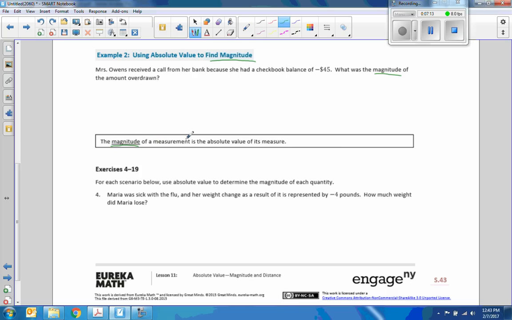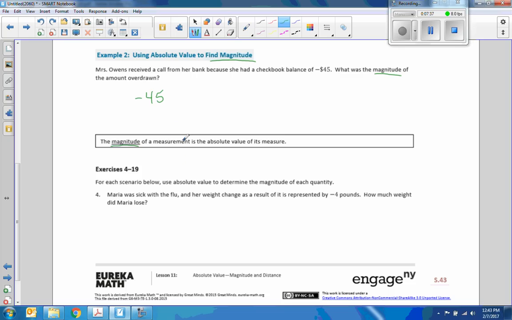Magnitude of a measurement is the absolute value of its measure. Okay, so magnitude is simply another way of saying absolute value. So it says Mrs. Owens received a call from her bank because she had a checkbook balance of negative $45. What was the magnitude of it?